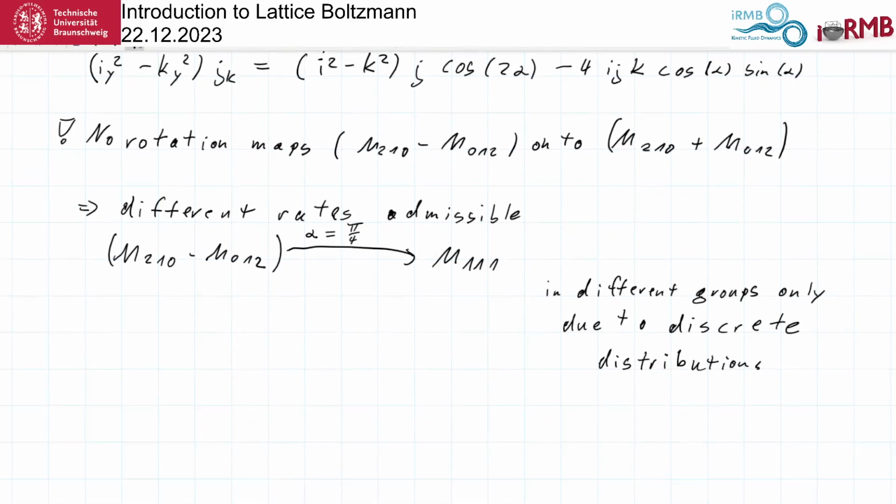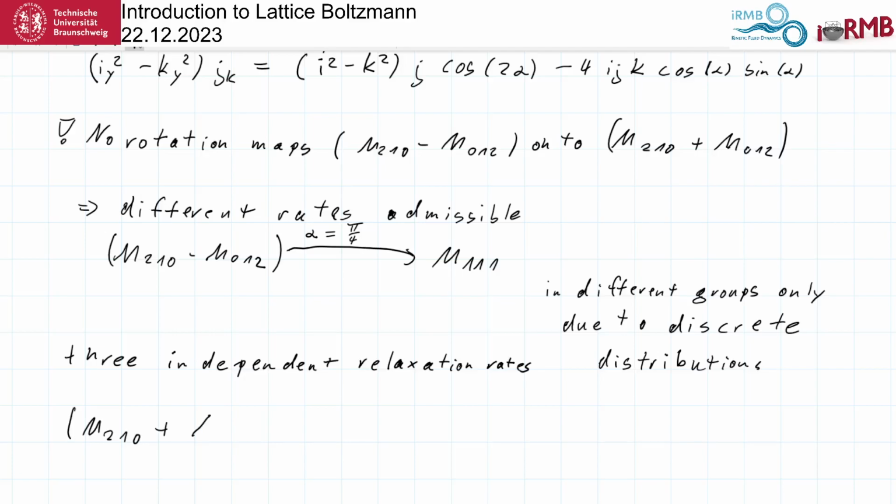So this means for the third order moments, we have 3 different admissible relaxation rates or times. Okay, all right, rates. So we have the rate for M210 plus M012, and its 3 permutations.